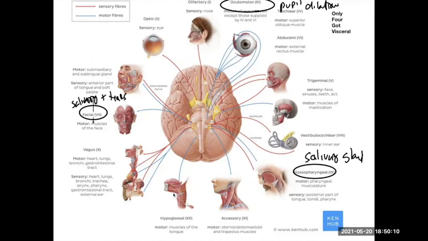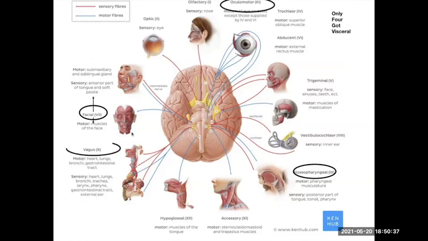Right, and then this one, your, where'd it go? Vagus is going to be your parasympathetic output, basically. And we'll get into more detail about that. Right, so that'll be the other kind of information. And we'll go into that next time, right?